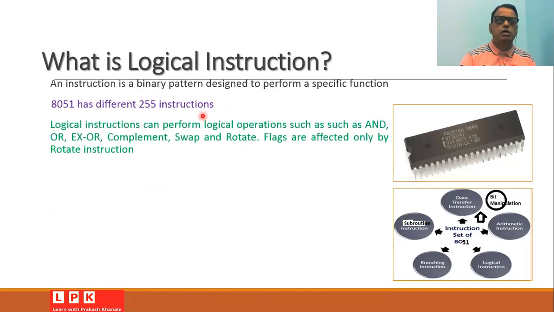Logical instructions are those instructions that can be used to perform logical operations such as AND, OR, exclusive OR, complement, swap, and rotate. These operations are called logical operations. So while writing an assembly language program, whenever we need to perform these operations on the given data, we need to make use of such logical instructions.